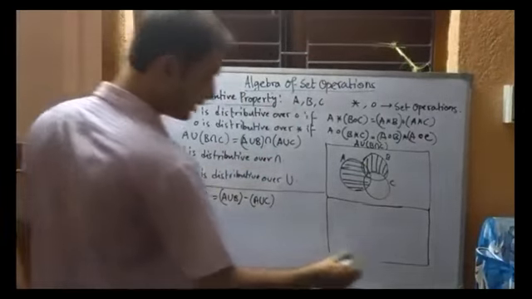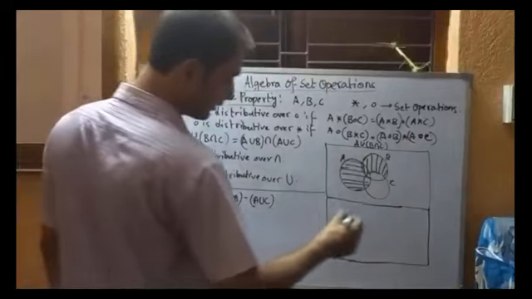Now we draw the Venn diagram for the right hand side.